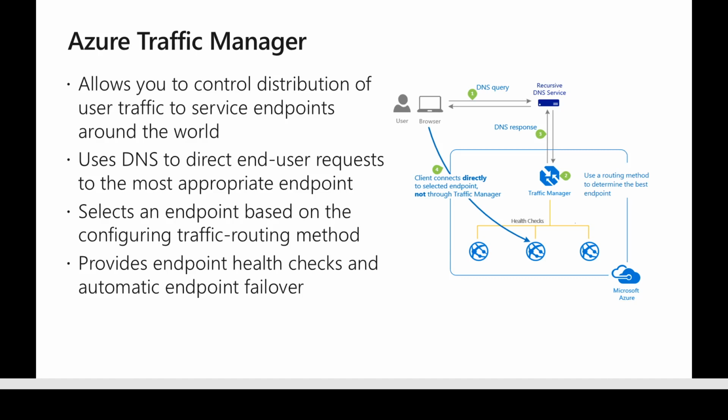The way it chooses the right endpoint is based on the routing method which we configure, which we will see in the subsequent session. And once the user gets the IP, the user will directly reach that IP behind the scenes. This IP will be cached locally for some specified amount of time, which is the time to live configured for this Traffic Manager.